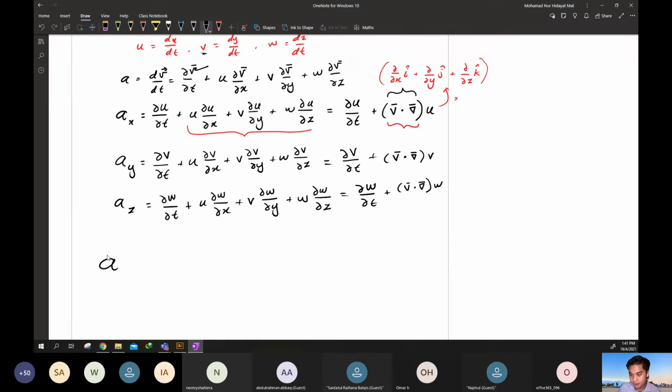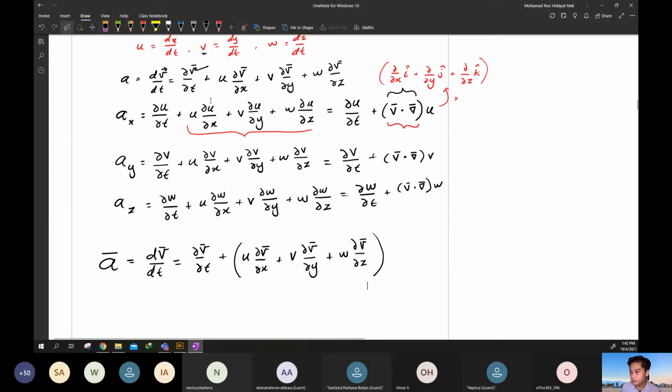We can do the summation of acceleration in the vector form equal to the total derivative dv over dt, equal to dv over dt plus u dv over dx, this is the total one, this is the combination, plus v dv over dy plus w dv over dz.